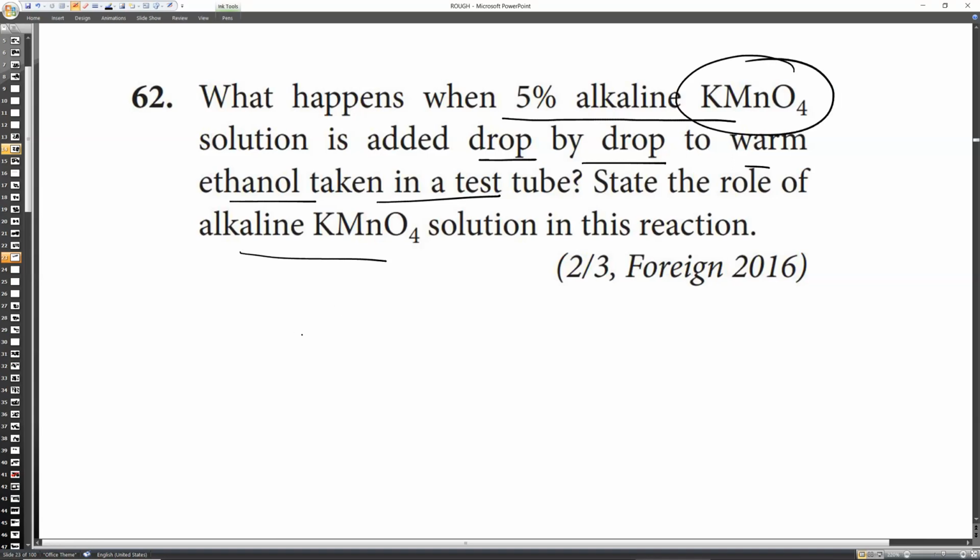Let's talk about it. You know the properties of alcohols that we have discussed.